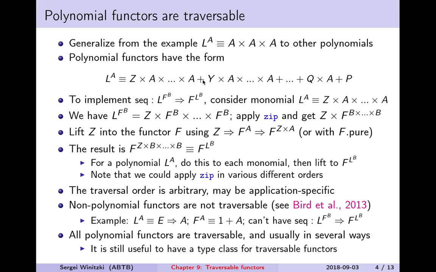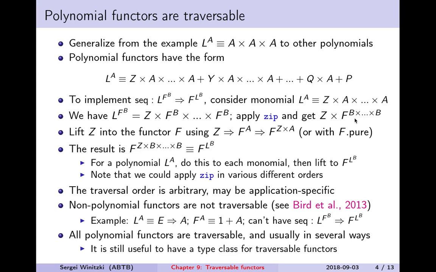So we have seen therefore that we can perform the traversal, equivalently the sequence operation, on monomials, and we can also perform them on disjunctions, and therefore we can perform them on arbitrary disjunctions of monomials, and that's an arbitrary polynomial functor. Also note we could apply zip here in different orders.